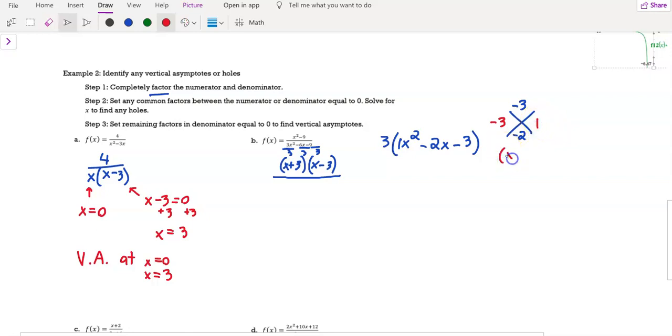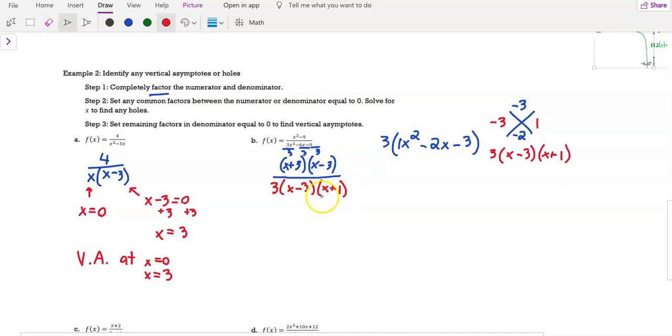So we have x minus 3, x plus 1. But don't forget, we have to multiply it because we divided it by 3. We have to multiply this by 3. So I have 3, x minus 3, x plus 1.